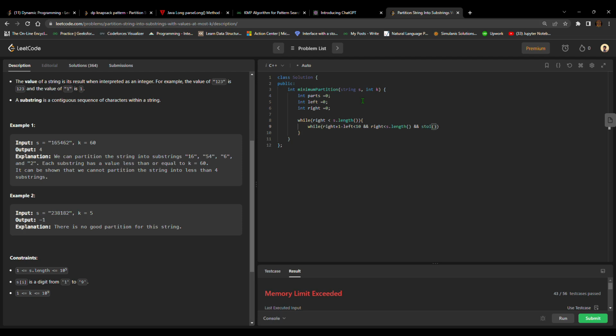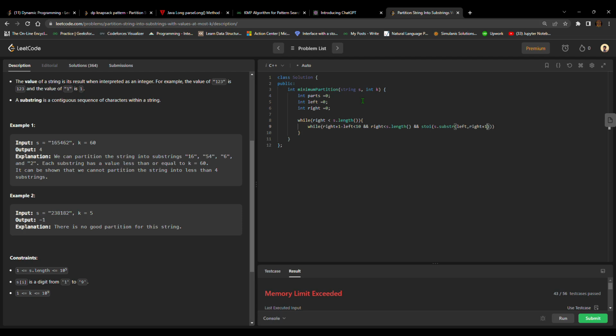stoi, let's convert my substring into integer and check for s dot substr left comma right minus left, sorry, right plus 1 up till right.